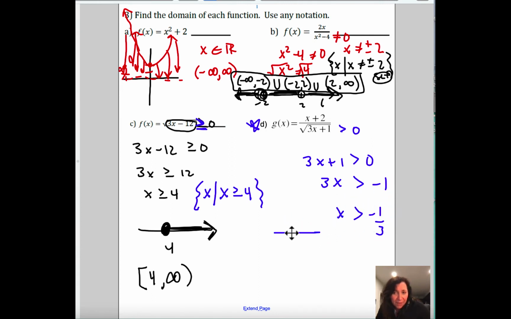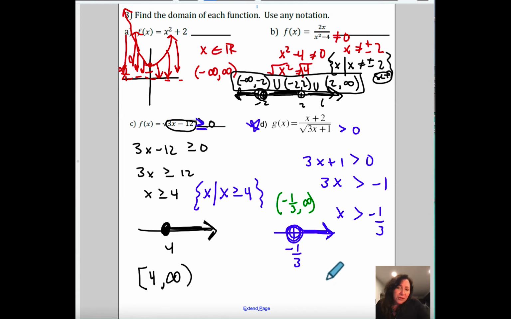So again, here's my little graph, and this is negative 1/3. So x has to be greater than that. So this is an open circle going to the right. And so that's graphing it. If I want to put this in interval notation, I would say parenthesis, negative 1/3 to infinity.